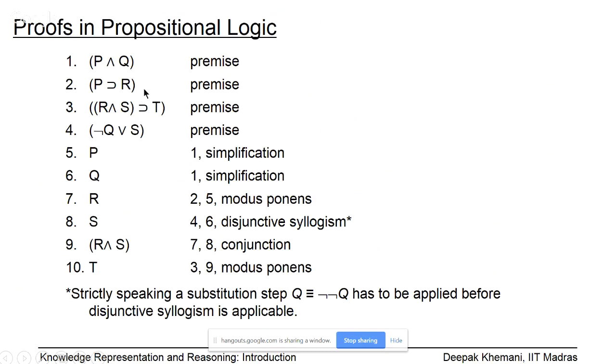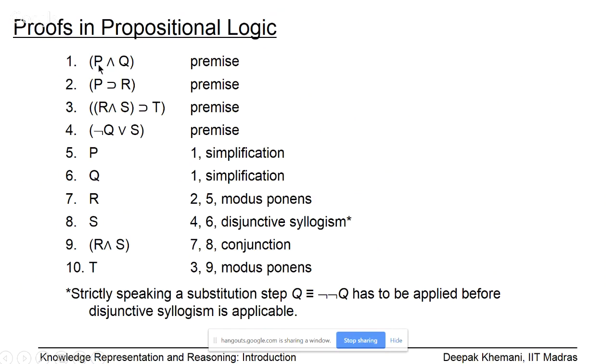These are called premises: P and Q, P implies R, S implies T, and not Q or S. What you are required to prove is the sentence T. And this process of moving from data towards the proof is the process of natural deduction, also called forward chaining. So where is forward chaining happening here?